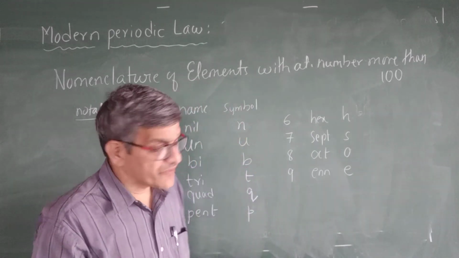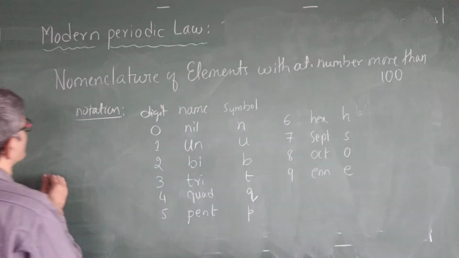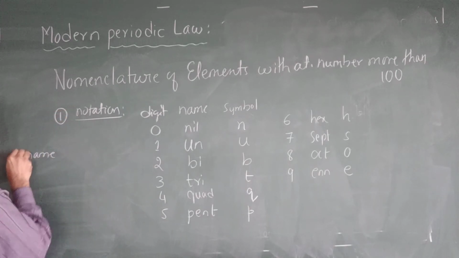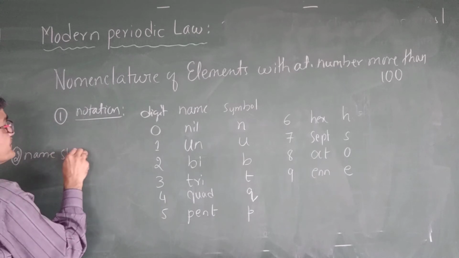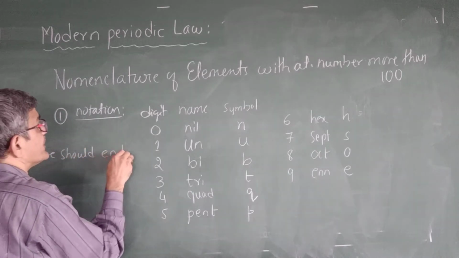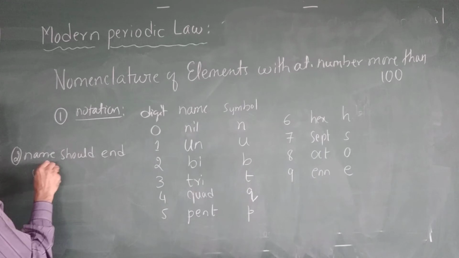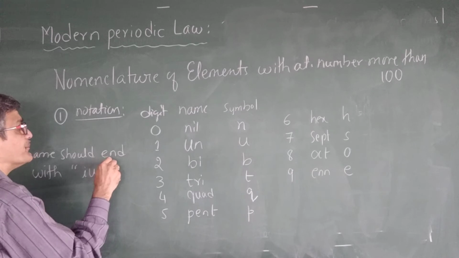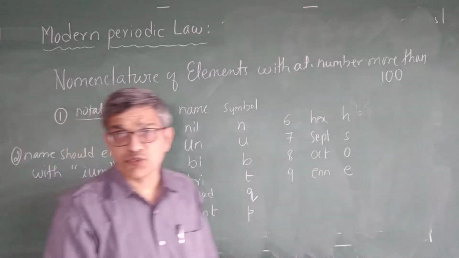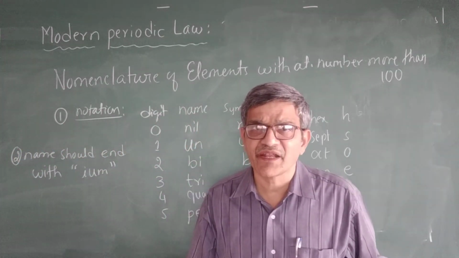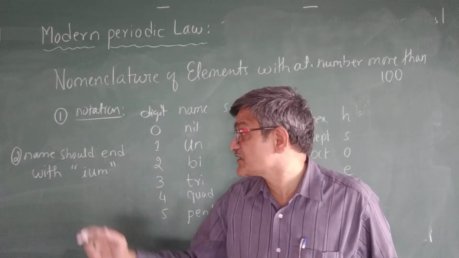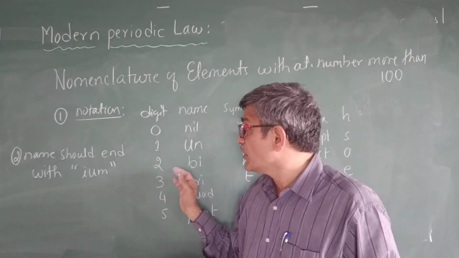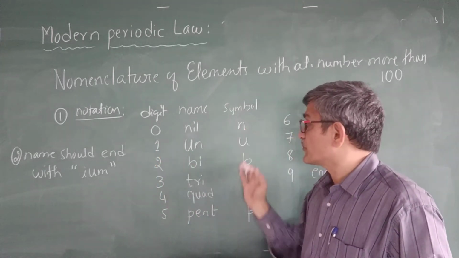Next, the name should end with IUM, like potassium, magnesium, calcium. The name should end with IUM, and the symbol is derived from its atomic number only.